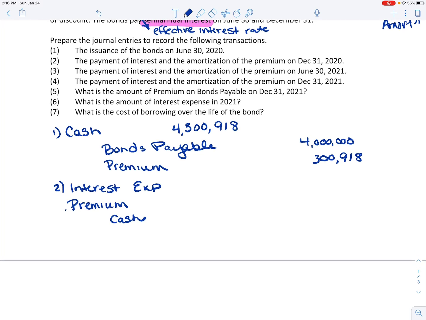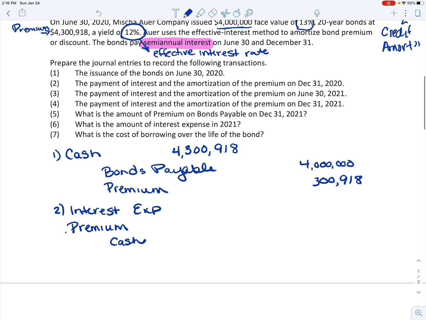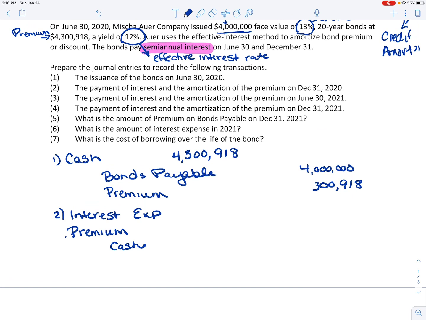But now let's calculate the amount. We have to figure out our interest paid, the cash amount, as well as the interest expense amount. Now the cash amount is coming from our stated rate of 13%.